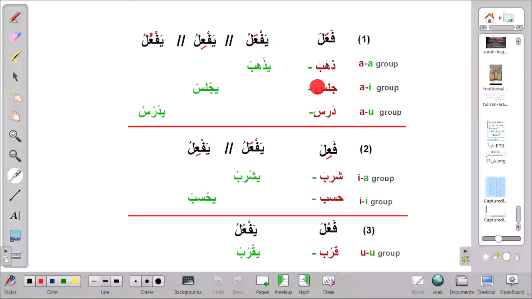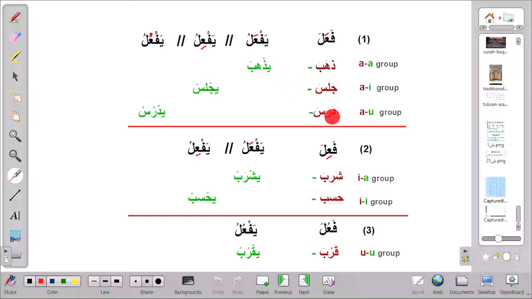Now, jalasa. You see, yajlisu, but not yajlasu or yajlusu. Okay, it is yajlisu. Why? It's a probability. It could be within these three categories. Any three-letter verb like zahaba could fall within these three possibilities.